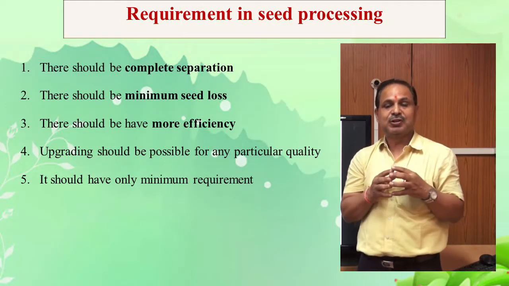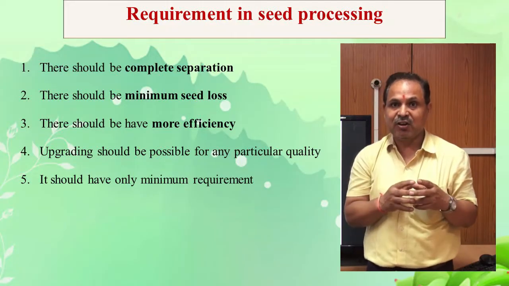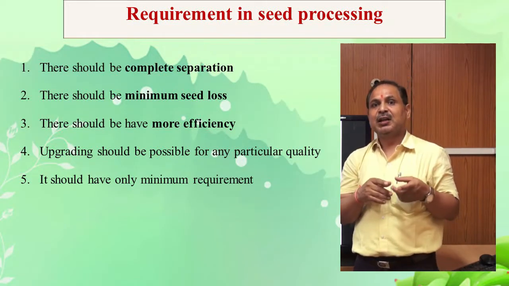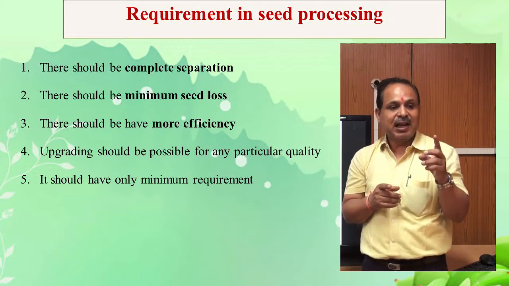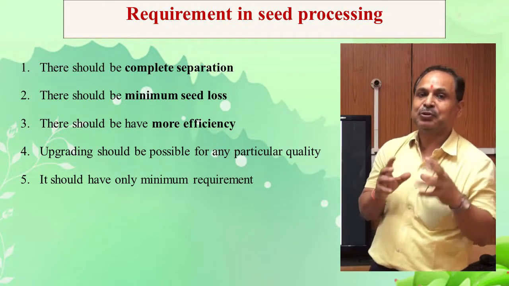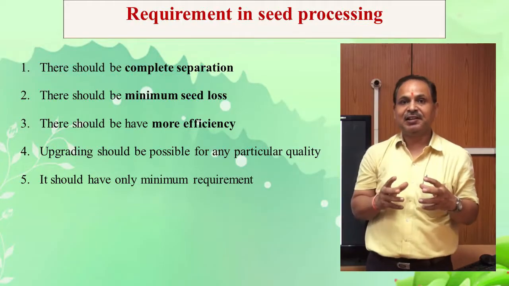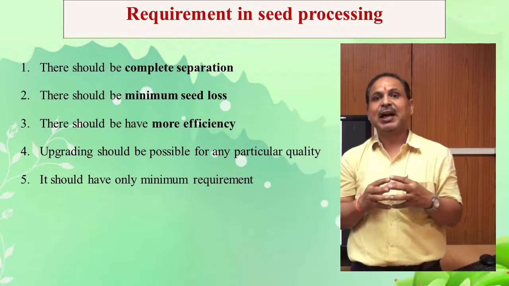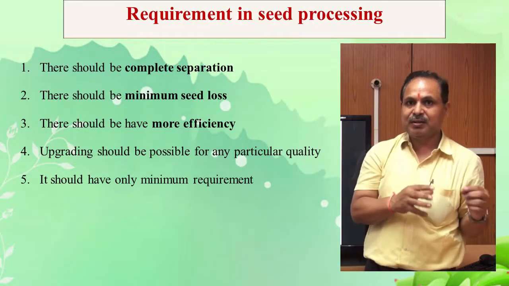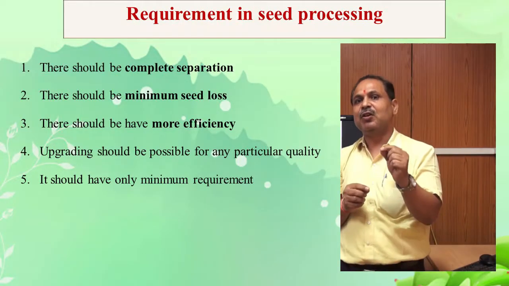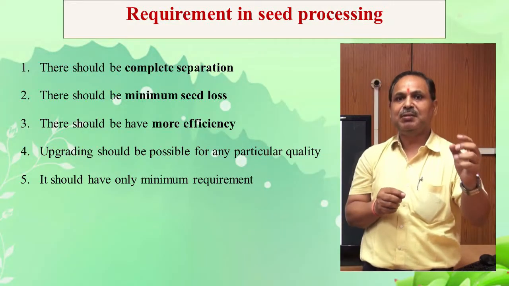Seed loss must be kept to a minimum during processing. And next, more efficiency. The processing should be done efficiently and effectively, so that the seed can be available at the fixed time.